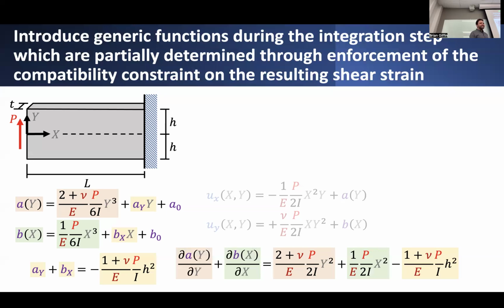Really what we need is three extra equations so that we can be more specific and determine what these remaining constants should look like in order to determine a unique solution to this boundary value problem. And the way that we do that is, again, we use our boundary conditions. This time, however, we use our displacement boundary conditions.